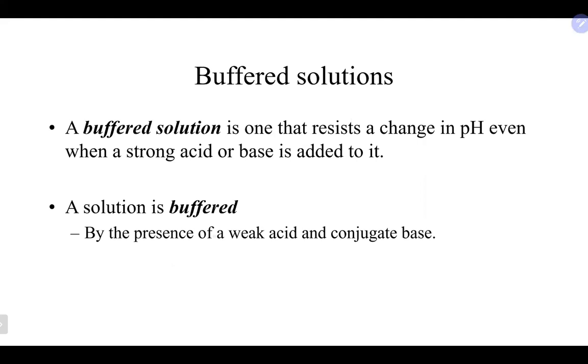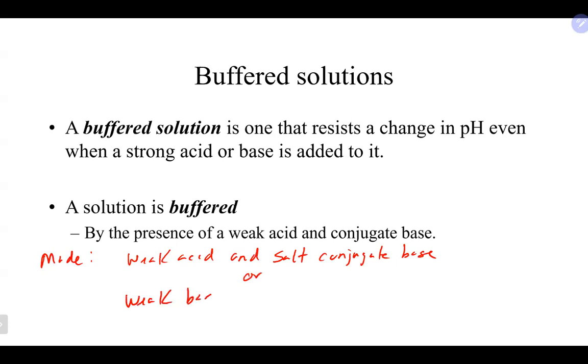And the reason it's able to do that is what a buffer is made out of. A buffer could be made out of one of two combinations: a weak acid and the salt of its conjugate base, or a weak base and the salt of its conjugate acid.